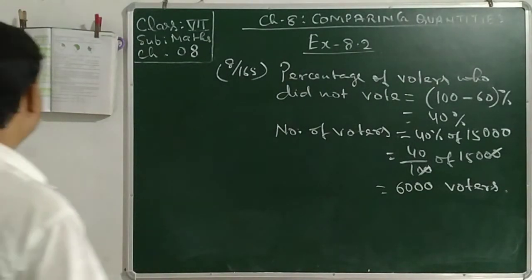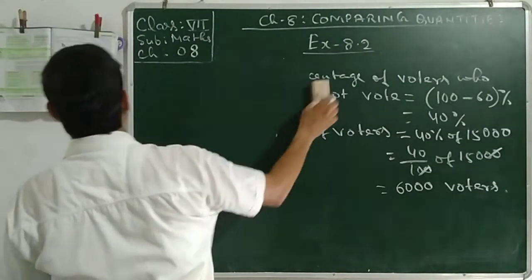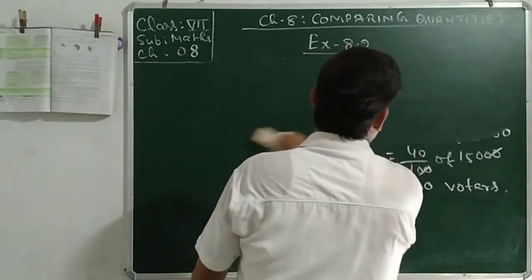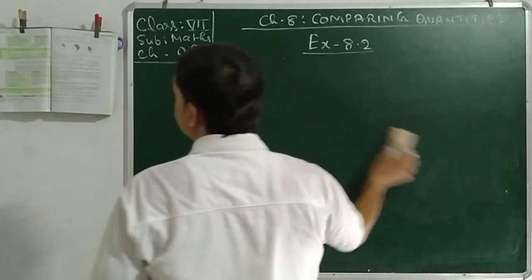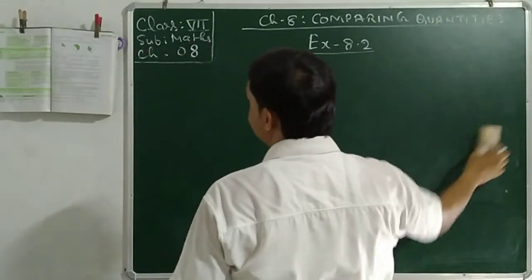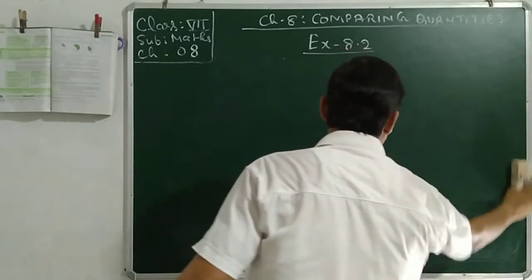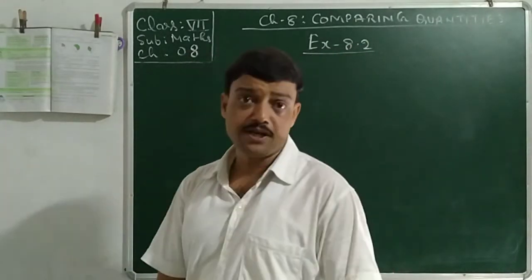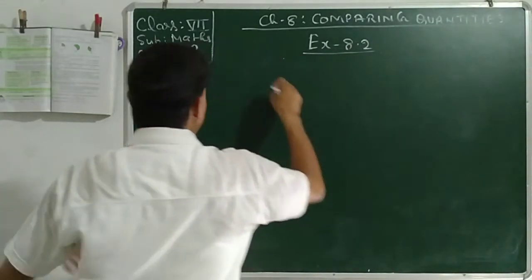In the 9 number, it's given Meeta saves rupees 400 from her salary. If this is 10% of her salary, what is her salary? 10% of salary is rupees 400.